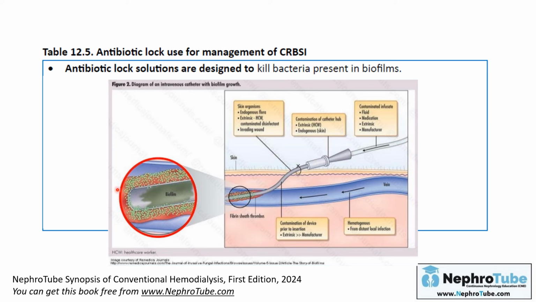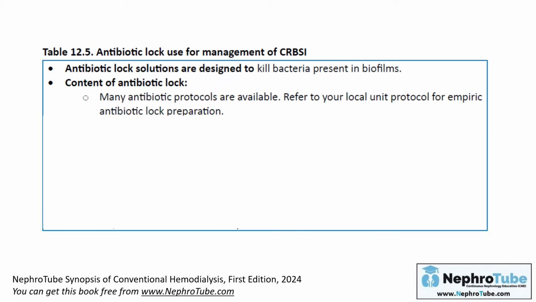We know that a biofilm can be formed around the catheter, especially the tip, and this biofilm may be a place where bacteria can hide. So we have to use antibiotic lock in these cases. The content of antibiotic lock is different from one unit to another. A lot of protocols are available online. Please refer to your local unit to know the empiric antibiotic lock used in your unit.